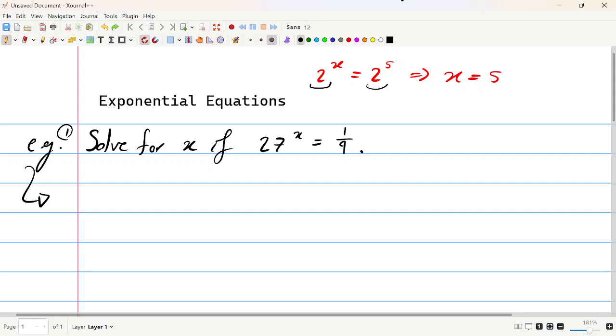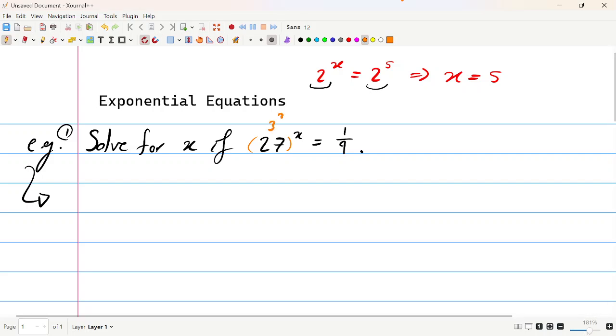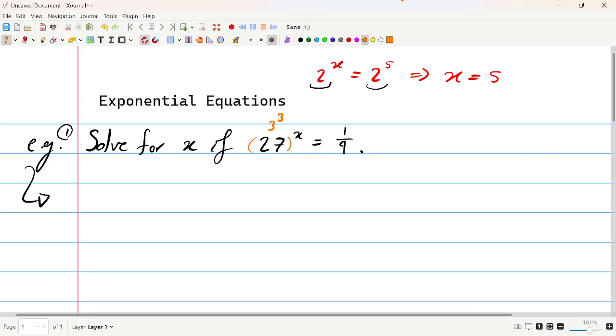So first things first, we need to note how we are going to get the same base. We know that 27 can be written in exponent form, and we want to write it as a prime number, as simple as we can at the moment, okay? So we can rewrite 27 as 3 to the power of 3. That is the smallest base we can get from this.